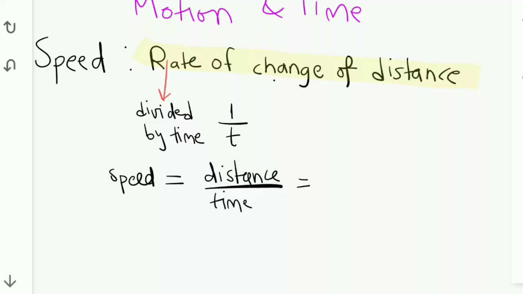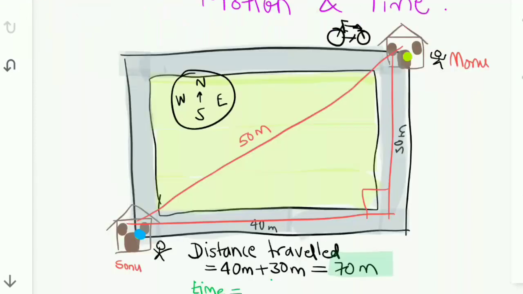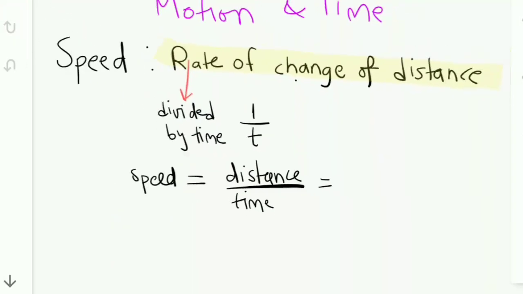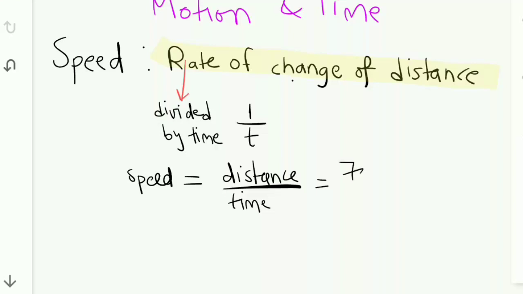Now in our example, distance traveled was 70 meters and time taken, let's say he takes time equal to 1 minute 40 seconds. If we convert it all in seconds, it would be 60 plus 40 equal to, correct, 100 seconds. So what would be the calculation here if we put distance equal to 70 meter here and time equal to 100 seconds here?